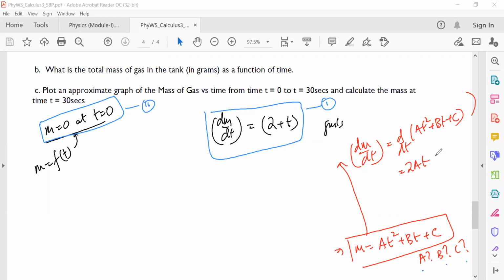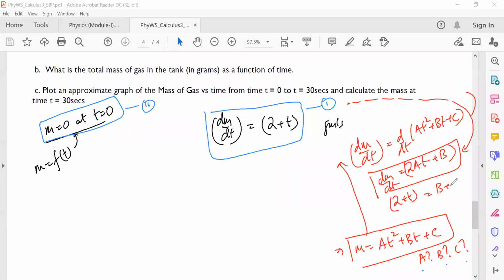So it is 2at plus b. Okay, that's the differentiation. Now compare this with this equation. So we have 2 plus t is b plus 2a into t. From this, we get that b is equal to 2 and a is equal to half.